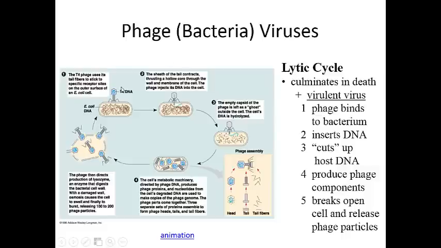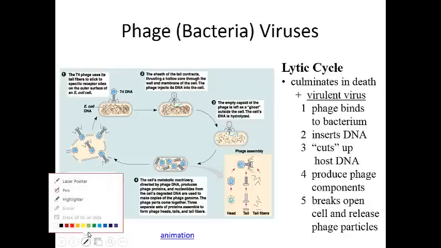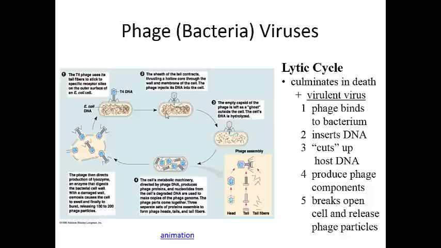When the bacteriophage lands on the host bacteria, in this case E. coli, it's going to insert its DNA. Once that DNA has been inserted, the host cell's DNA gets cut up through the process of hydrolysis.